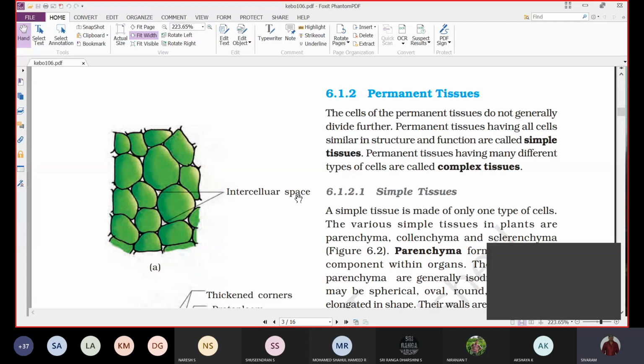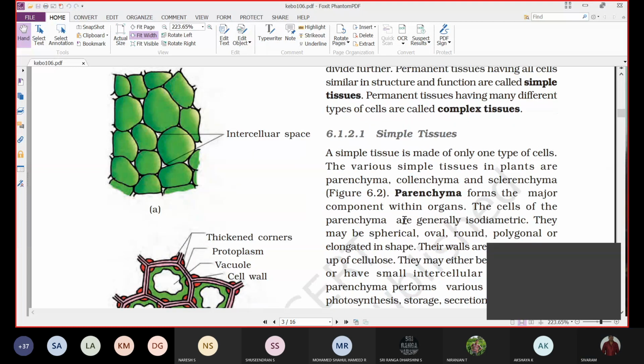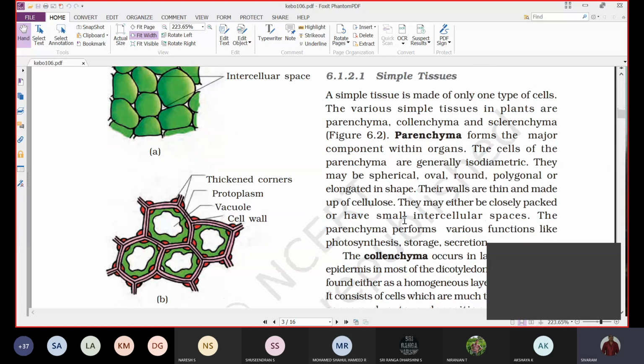Okay, complex permanent tissue. And next, when it comes to simple tissues, already we said very clearly, simple tissues are a group of cells which consist of only one type of cells with a common structure and function. So a simple tissue is made up of only one type of cells.